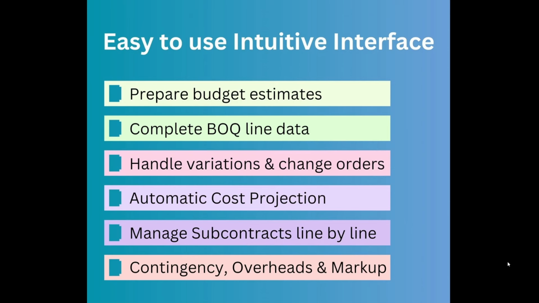You can manage complete subcontracts with their budget estimates, their variations, and their executed costing. And it can also handle contingencies and contractor overheads and markup margins as a percentage.